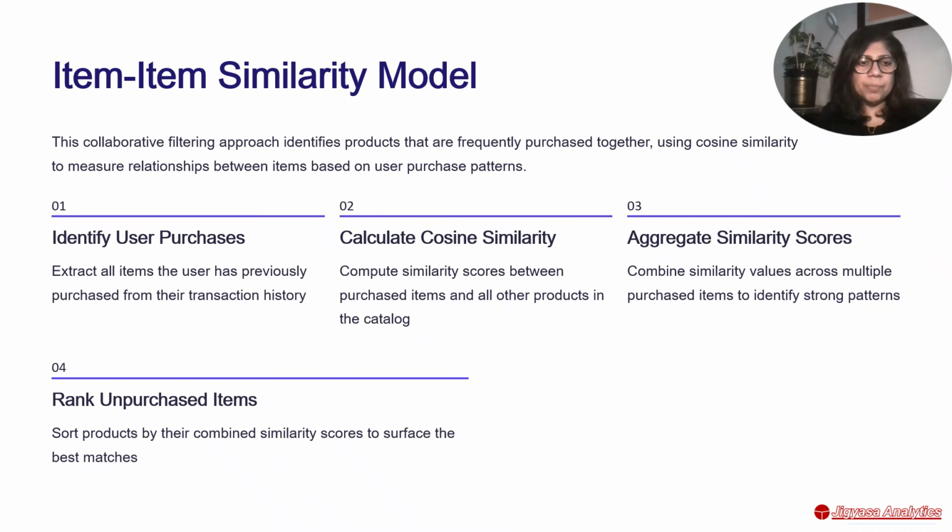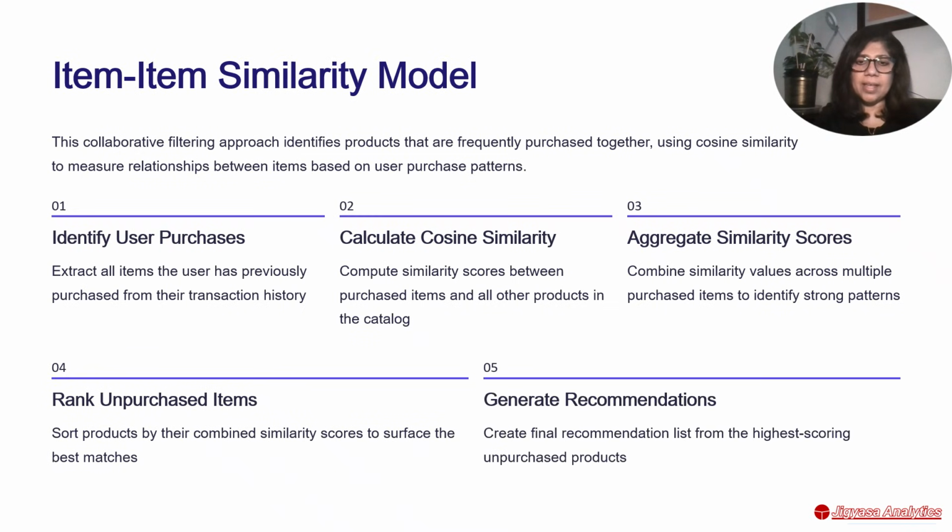Next, we rank the unpurchased items. Basically, we sort products by their combined similarity scores to identify the best matches. And lastly, we generate recommendations by creating the final recommendation list from the highest scoring items from the list of unpurchased products.